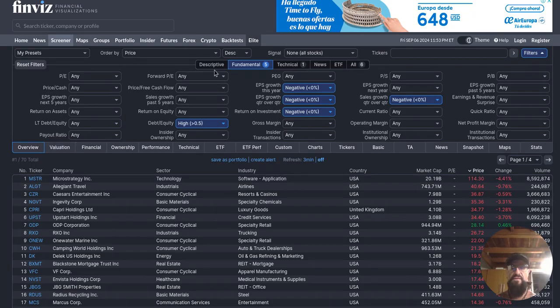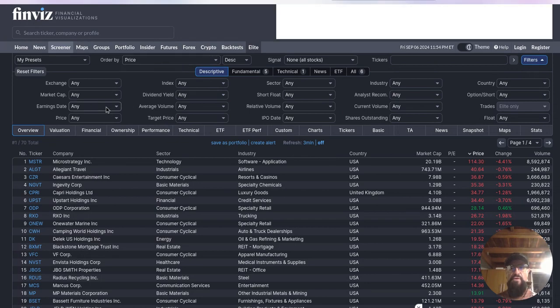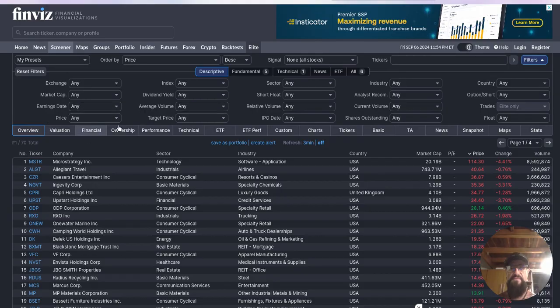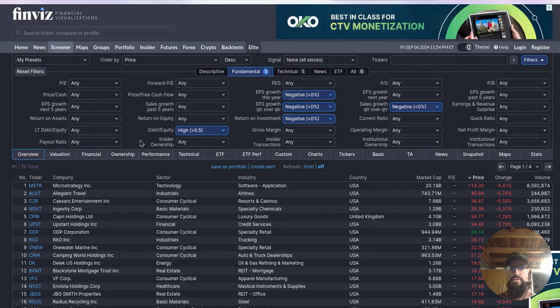Now in this case you have a descriptive tab where you can select the market cap, the dividend, the volume, the float shorted, and all of that, the country, the fundamentals, of course the P/E ratio, debt to equity, income, or rather ratio, the sales over the past 5 years, the EPS, the margin, pretty much everything that you can imagine, the net profit, it's on here.